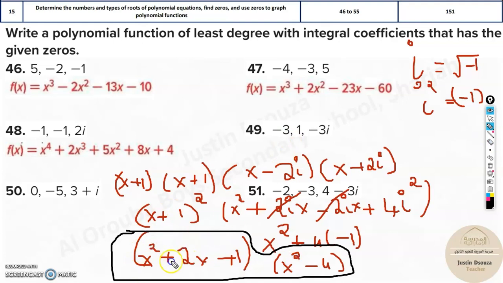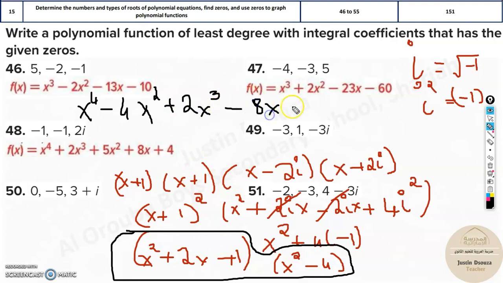What's going to happen? x square times x square will be x to the power 4. Then you need to multiply minus 4x square. I'm just doing the distributive property, plus 2x cube. Then we have minus 8x plus x square minus 4. Let's simplify this. x to the power 4 is alone. What about x cube?